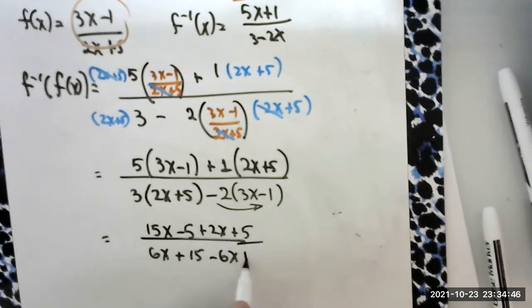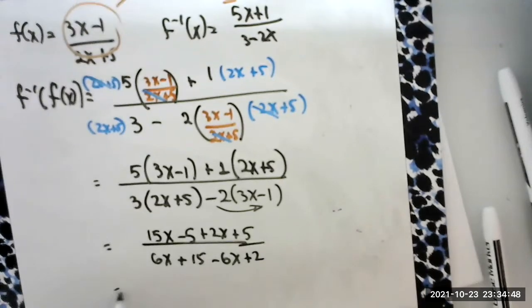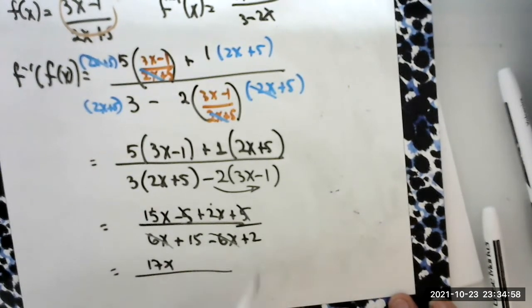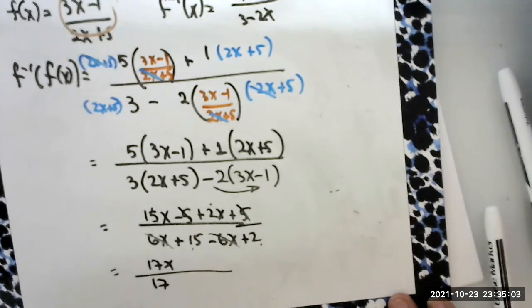Negative 2 times negative 1 plus 2. Okay, let's see if the magic happens. 15 plus 2, that's 17x. 5 minus 5 is 0. 6x minus 6x is 0. 15 plus 2, that's 17. And voila, 17 over 17 is 1. So this is equal to x.